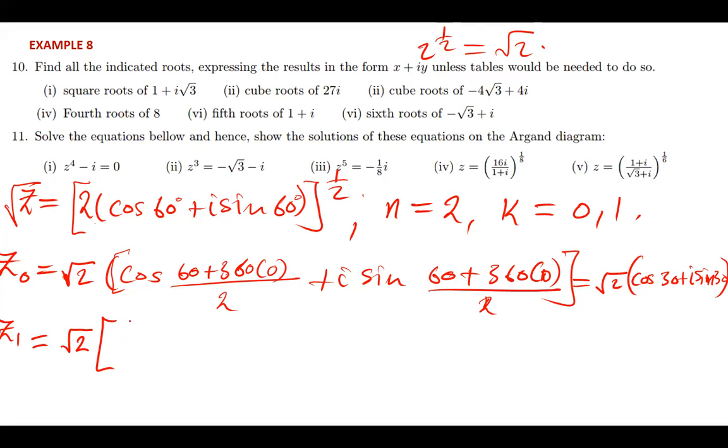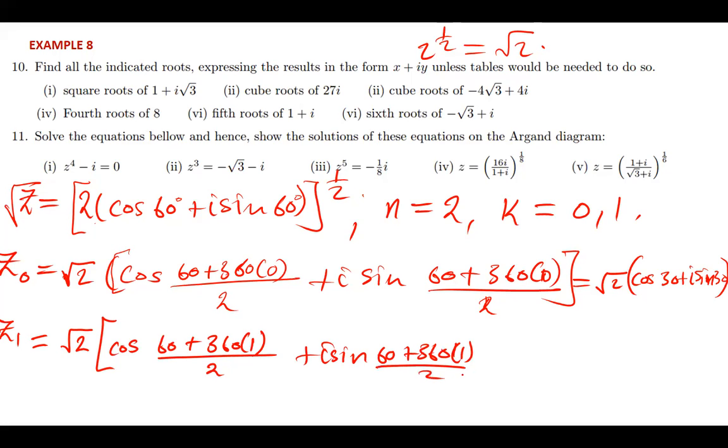So the angle there will also be cos. We still have 60 there, but in this case the value of k will be 1. So we have 360 times 1 there, then everything divided by 2, then plus i sine of 60 plus 360 times 1, everything divided by 2.